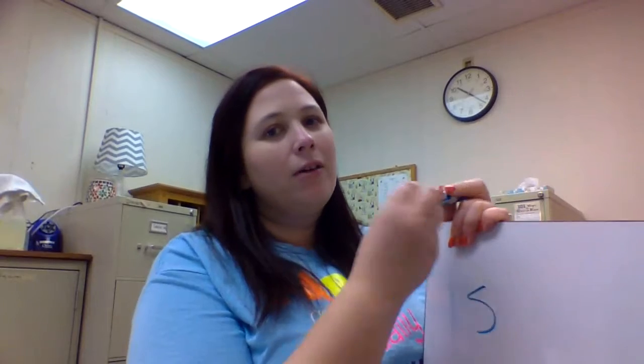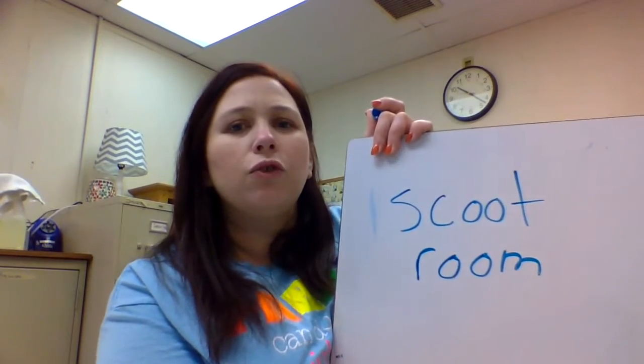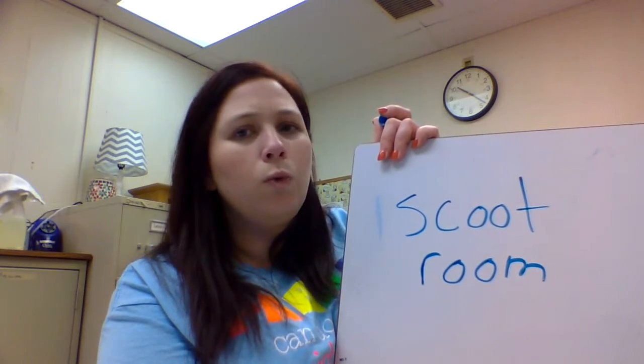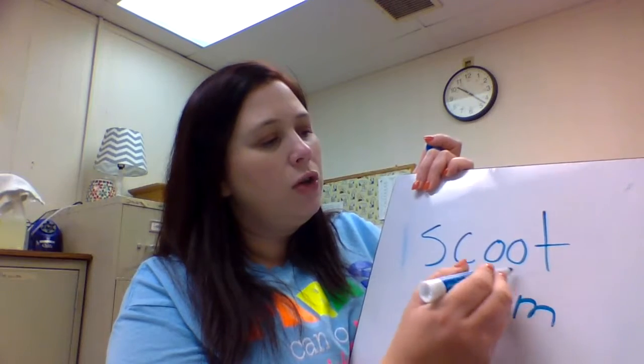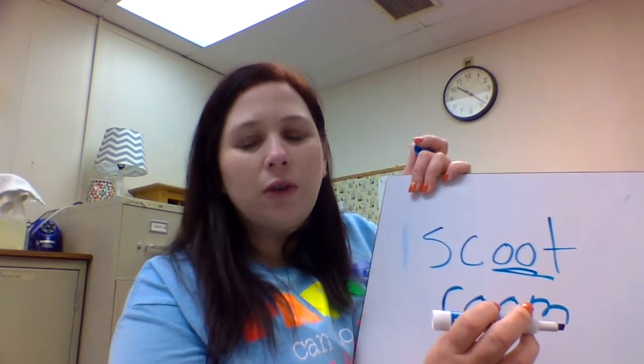Now we're going to talk about a different sound. Let's look at these words. We have scoot and room. Think about how we're saying the two O's. It's kind of an "ooh" sound, right?